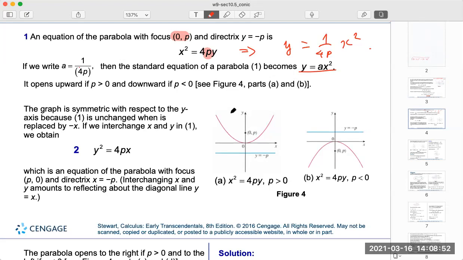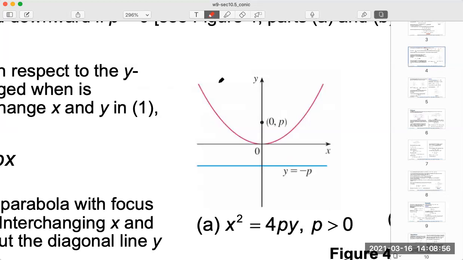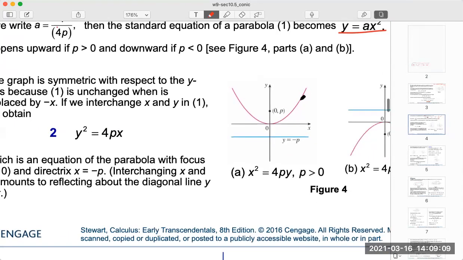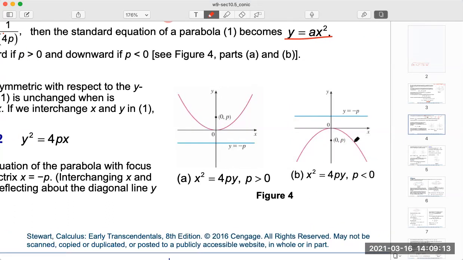You see that the function y equals x squared will be somehow like this. So that is the very interesting case to memorize how it behaves. Okay. Concave up like this. And if p is negative, then the parabola would be like this. It's concave down.